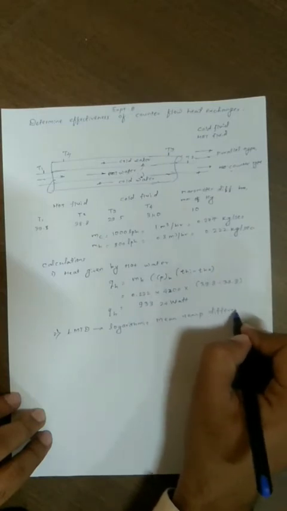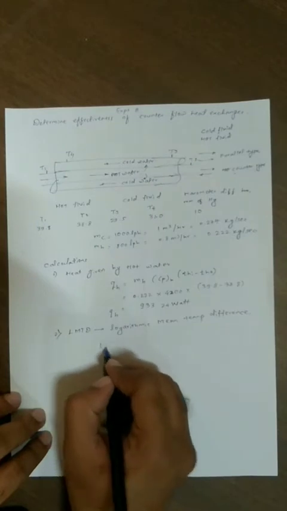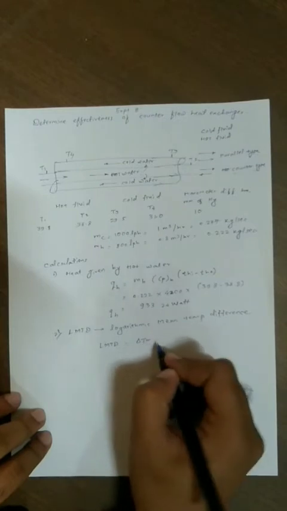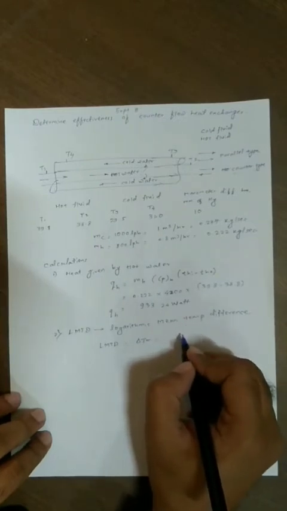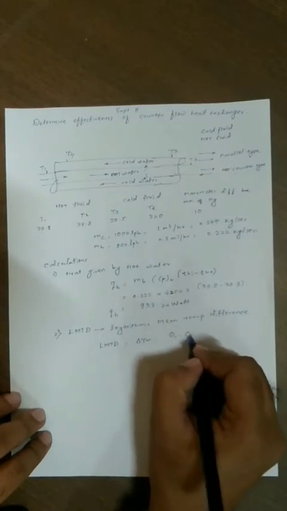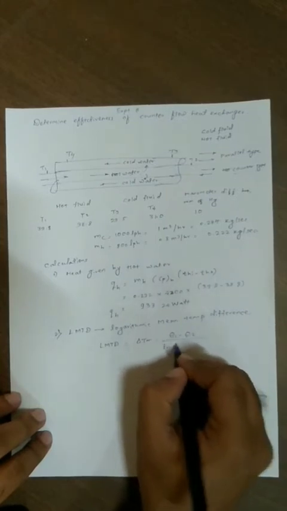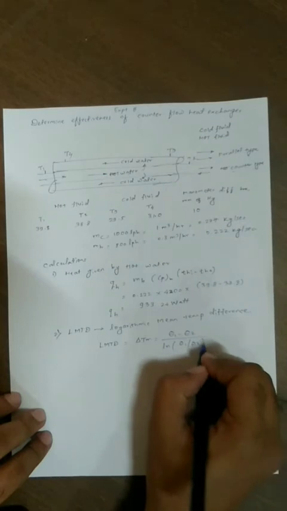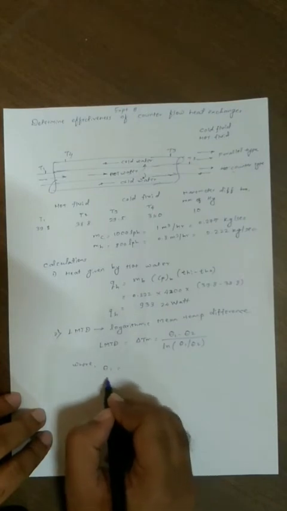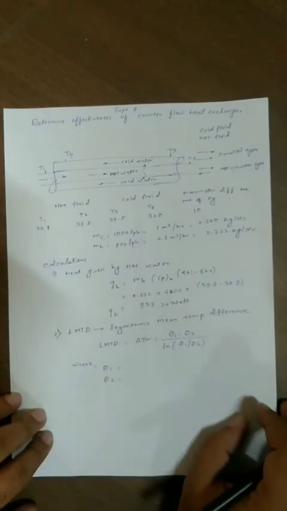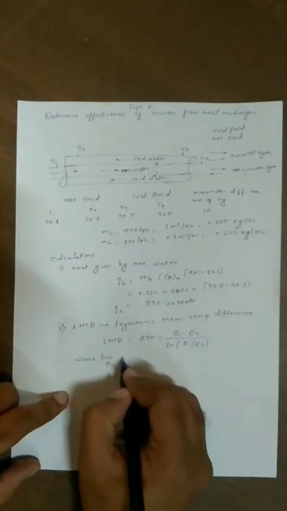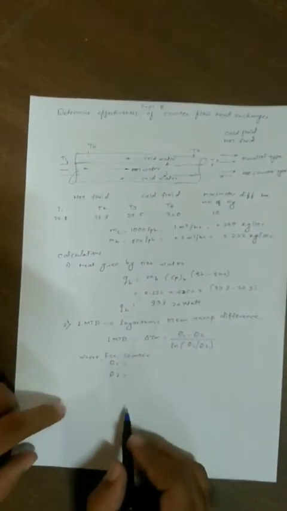It is given by LMTD equal to delta Tm, that is equal to theta 1 minus theta 2 divided by ln of theta 1 by theta 2, where for a counter flow theta 1 and theta 2 are given by formulas. What will theta 1 and theta 2 be for counter flow?